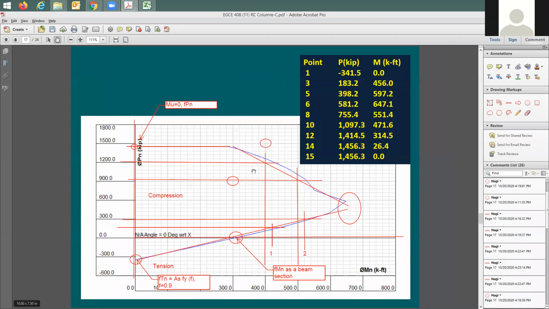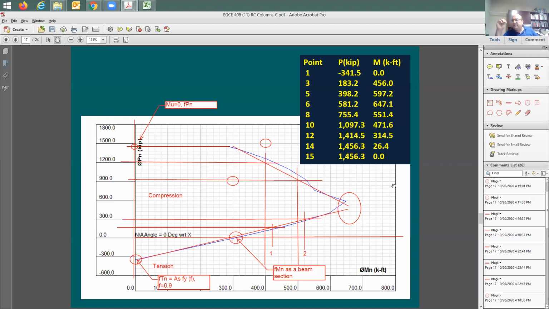Now I'm looking at this interaction diagram. What happened to the interaction diagram? This interaction diagram is a relationship that shows all combinations of axial load and moment acting on this column or this concrete section. So now I'm going to have a concrete section that has an axial load and a moment acting at the same time on it.